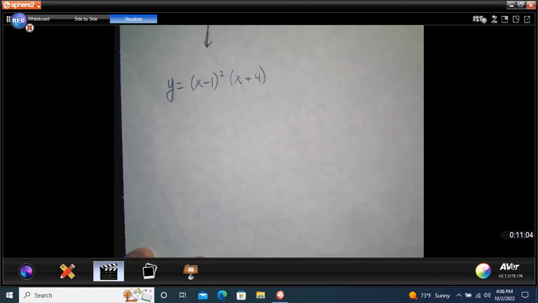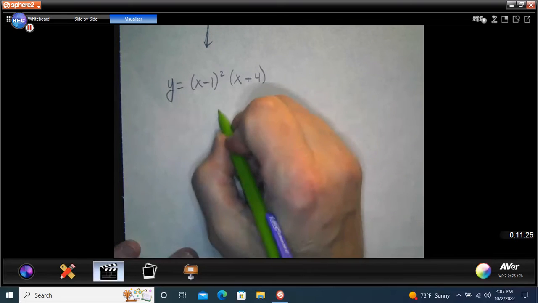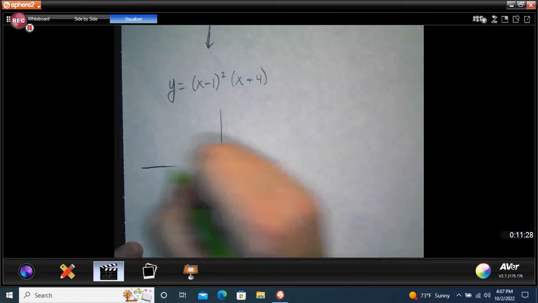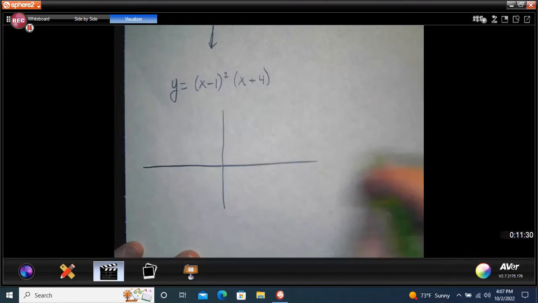Because when we had a double root, the double root was the vertex, and the vertex was tangent to the x-axis. So that's what happens when we have a double root within a cubic equation.